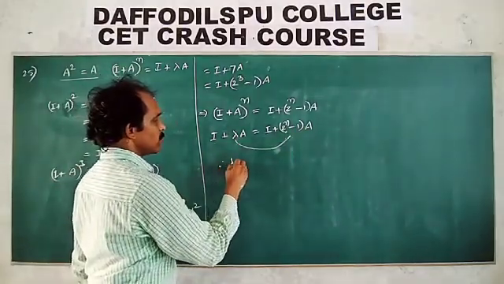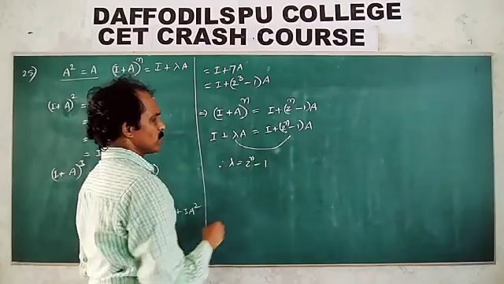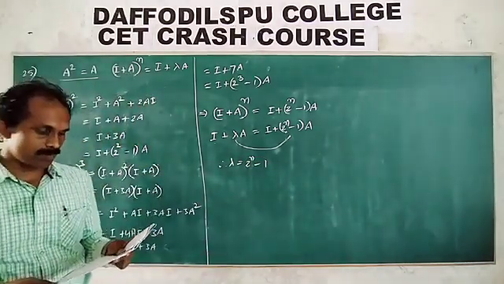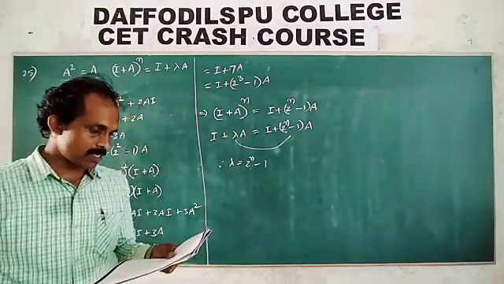Lambda is equal to 2 to the power of n minus 1. So second option. Okay, right.